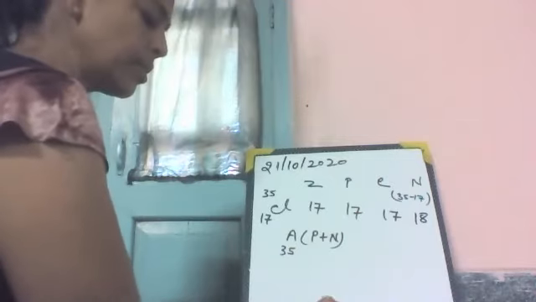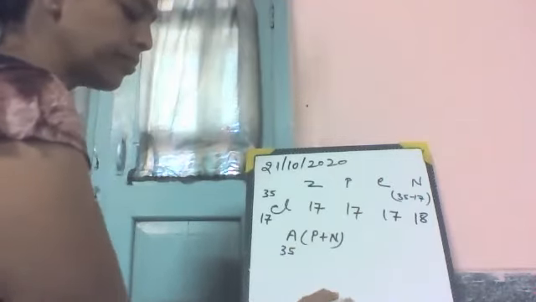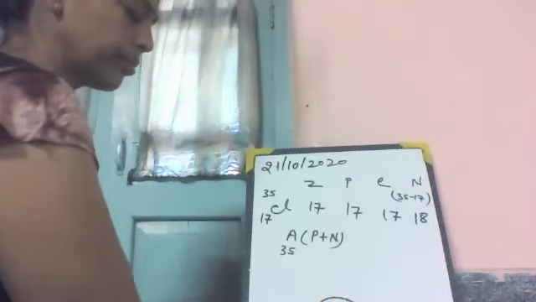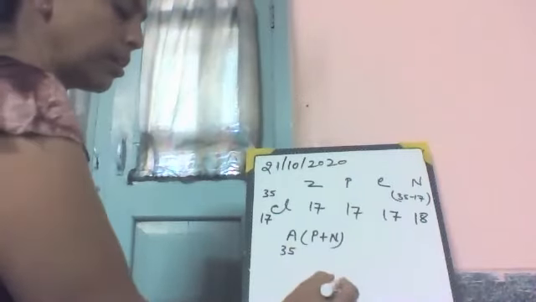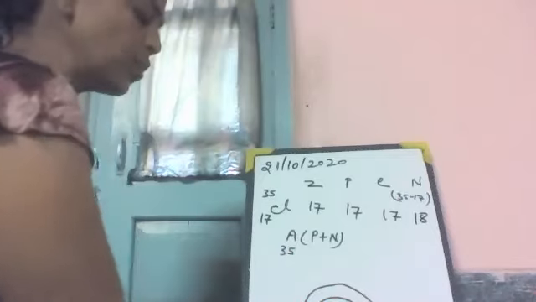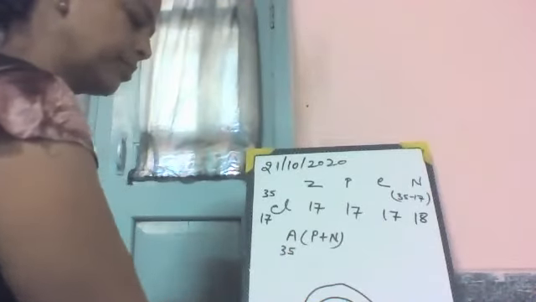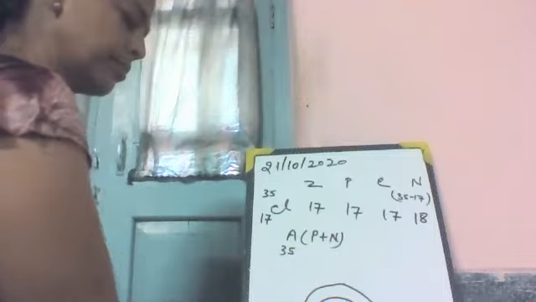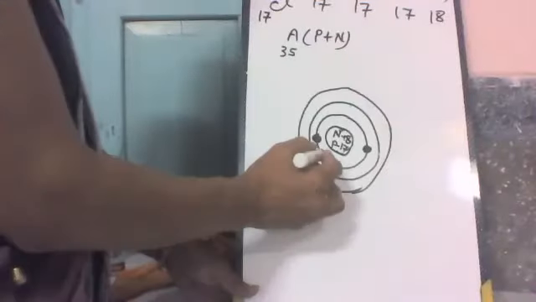First shell has how many electrons? 2 electrons. And the first shell is known as? The K shell.